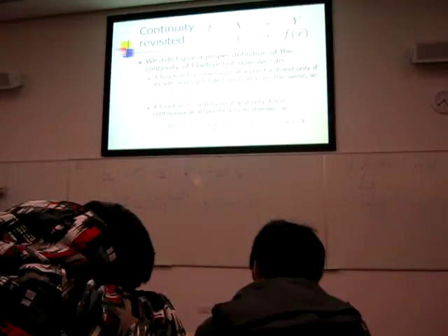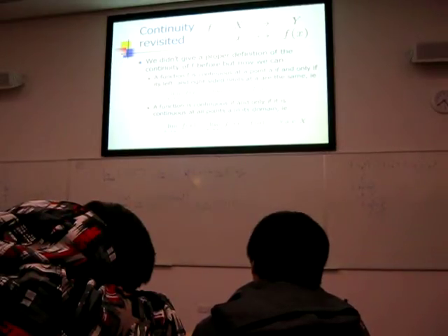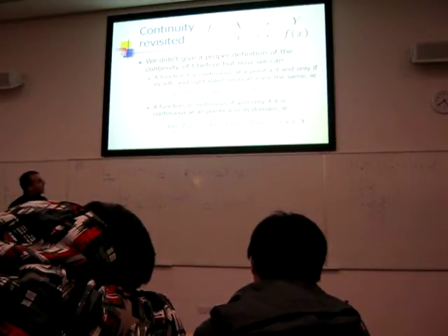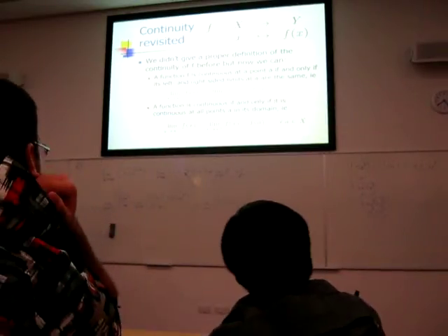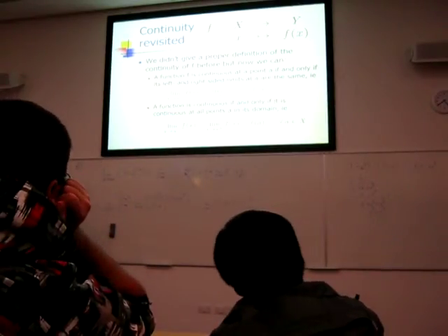So there's a jump. And that's basically how we define continuity. We're saying that can't happen for a continuous function. So it's continuous if and only if it's continuous at all points in its domain.